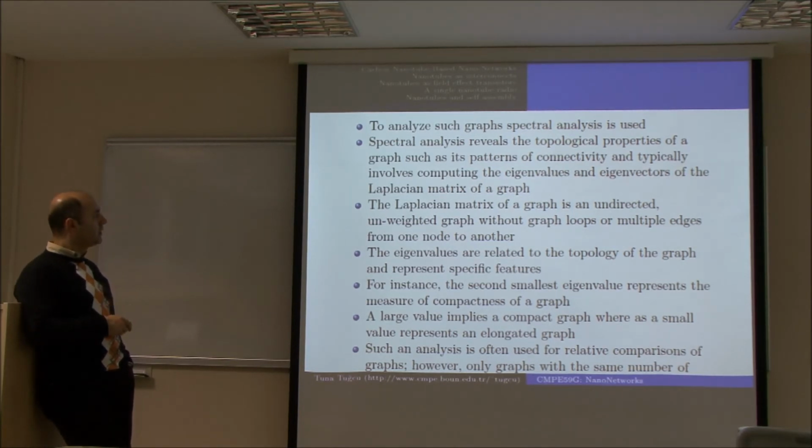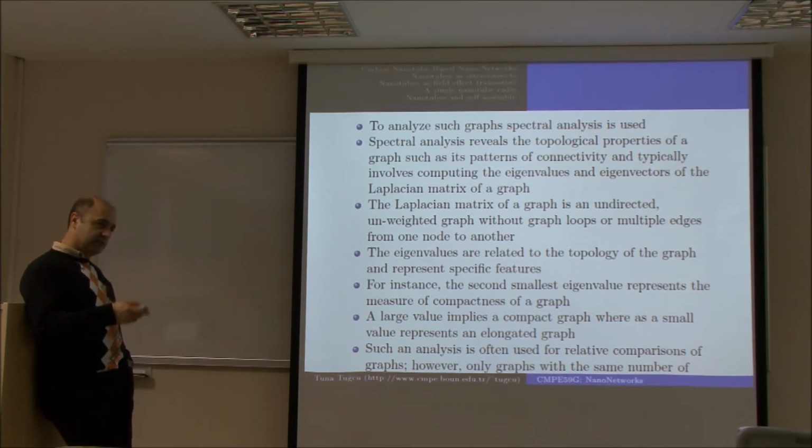For the simple explanation, the Laplacian matrix of the graph is for an undirected and unweighted graph without loops or multiple edges from one node to another. And the eigenvalues are related to the topology of the graph, and they represent the specific features of the graph. So, for instance, the second smallest eigenvalue represents the measure of compactness of the graph. A large value implies a compact graph, whereas a small value represents an elongated graph.